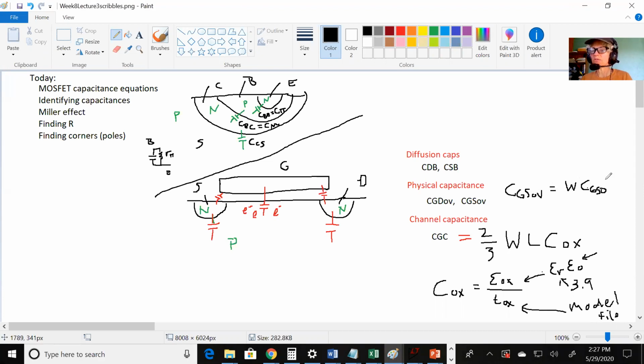If you look in the model file, there's a value for CGSO. You just multiply that by the width and you get the capacitance for the gate source overlap. And gate drain overlap is the same thing. Just W times, instead of CGSO, you go to the model file and look for CGDO.